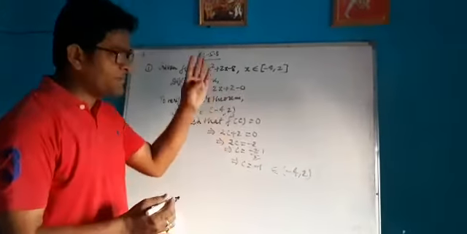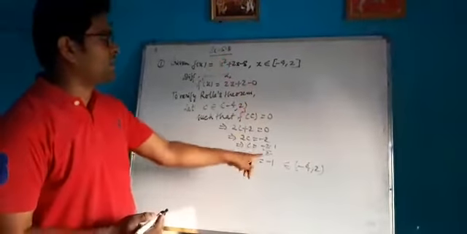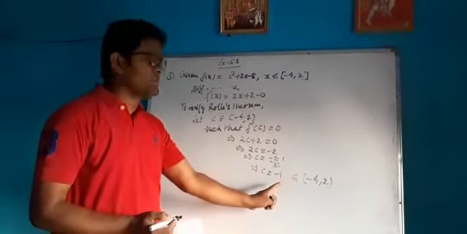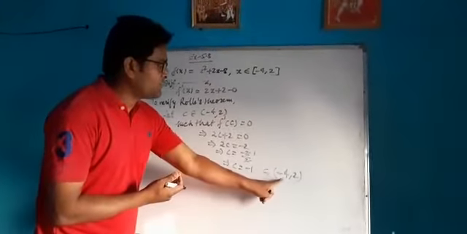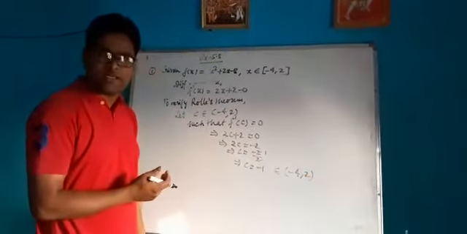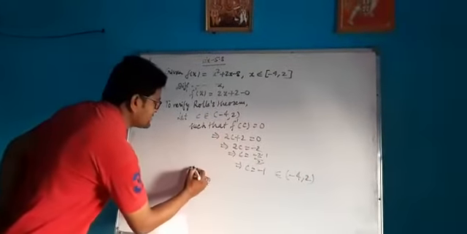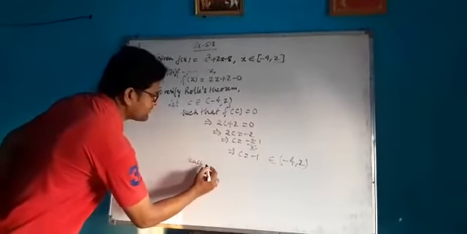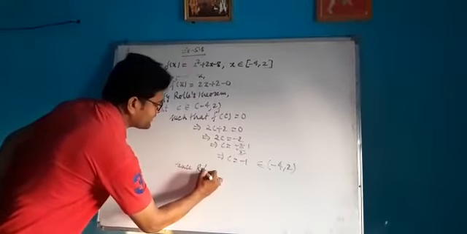Because minus 4, then minus 3, then minus 2, then minus 1, then 0, then 1, then 2. Can you understand easily that between minus 4 and 2, minus 1 lies? So hence Rolle's theorem is verified.